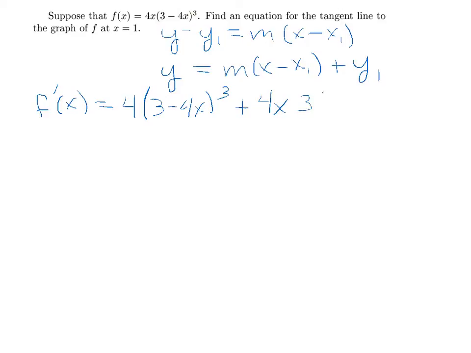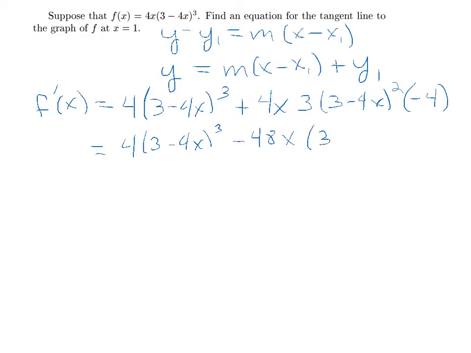So the 3 comes down, I subtract 1 from the exponent, and then I multiply by the derivative of the inside. I'm going to clean this up a little bit, because I have a minus sign over here. So 4 times 4 is 16, times 3 is 48. I have x, and then 3 minus 4x quantity squared.